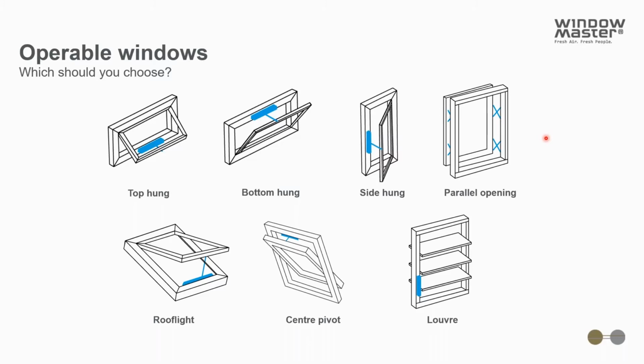However, similar to the side-hung window, it can be more challenging to control the draft rate with these windows, and they are also generally a bit more expensive compared to the top-hung and bottom-hung. The parallel opening window will typically require more than one or multiple actuators per window, while the louver window will require a special louver actuator for this type of opening.